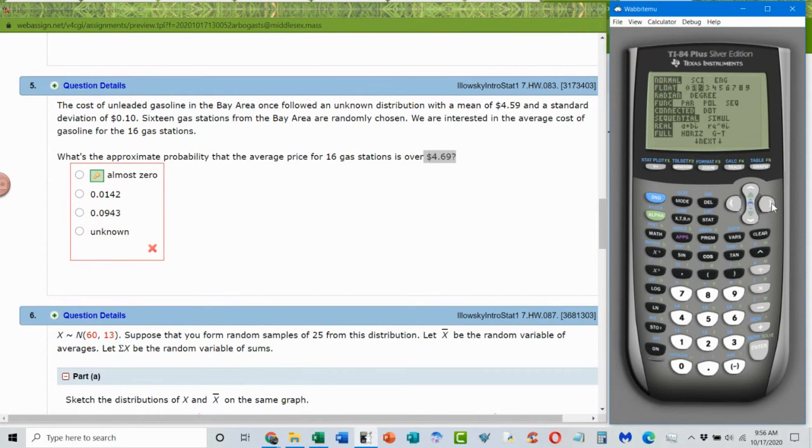Instead of it being float, I'm going to have decimal places. Now do it again. No. All right, I'll do 6 decimal places. And I don't want scientific.